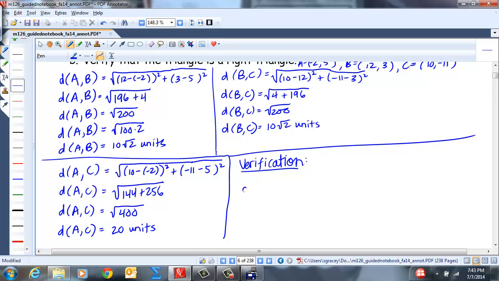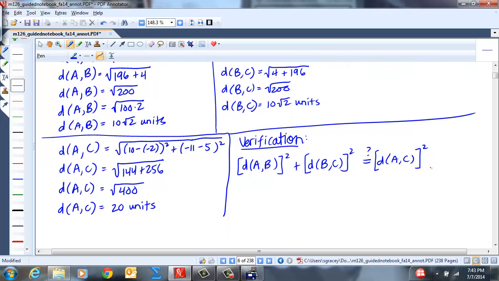So the distance between A and B, the quantity squared, plus the distance between B and C, the quantity squared, is that equal to the distance between A and C squared?